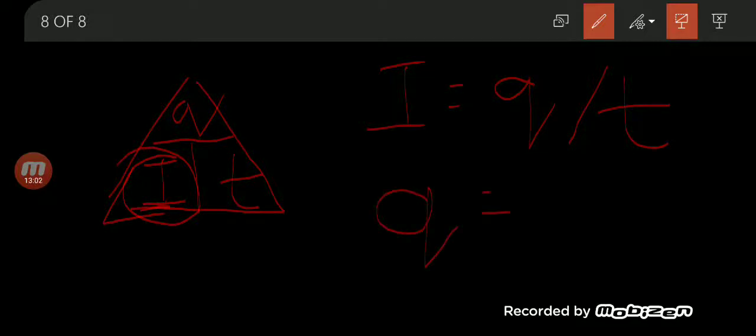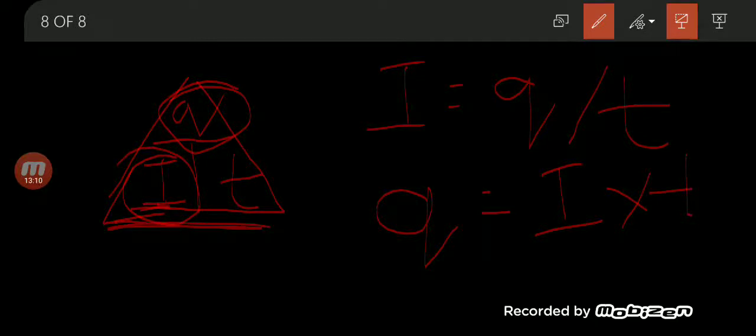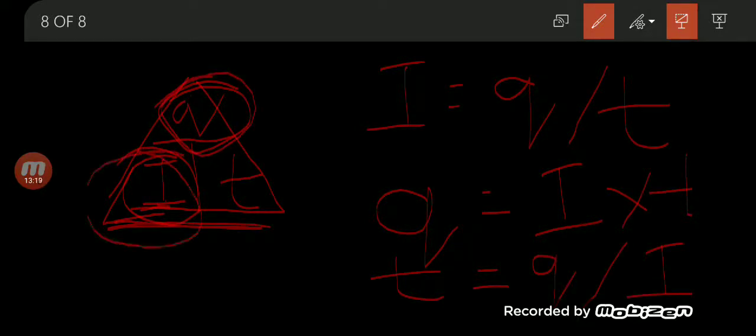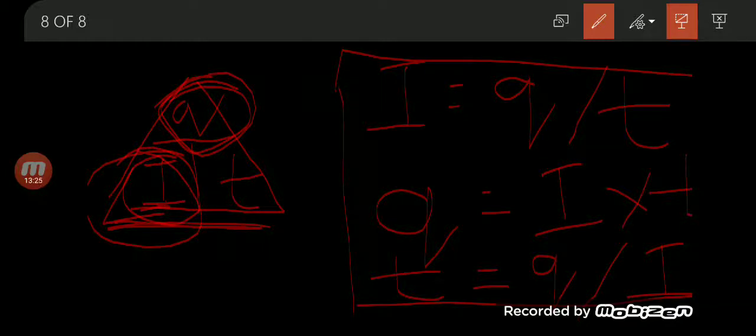I is equal to Q divided by T. Next, Q is equal to I multiplied by T, and T is equal to Q divided by I. If you remember these three, you will be able to solve the numerical problems.